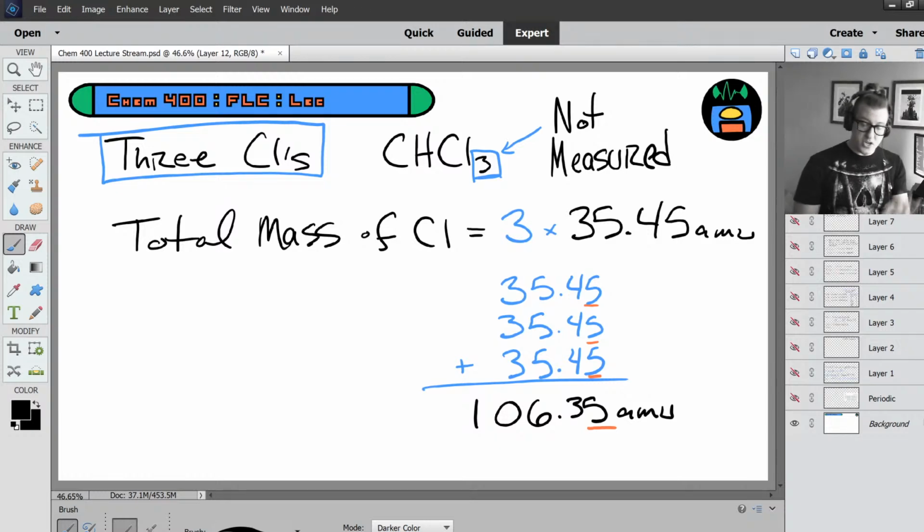So when you multiply a non-measured quantity by a measured quantity, you're doing addition. You're just adding it together that many times, and therefore your answer's precision must reflect the precision of that measured quantity. That's why the last sig fig here is in the same place as the last sig fig here.